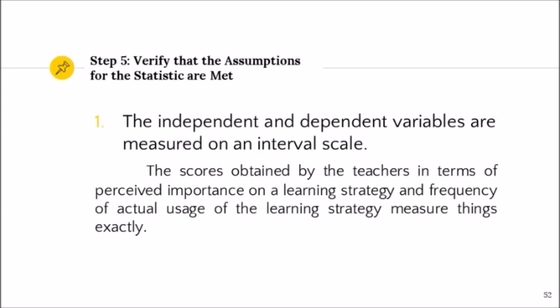The first assumption is that the independent and dependent variables must be measured on an interval scale. This assumption was met because the scores obtained by the teachers in terms of perceived importance of a learning strategy and frequency of actual usage of the learning strategy measure things exactly.